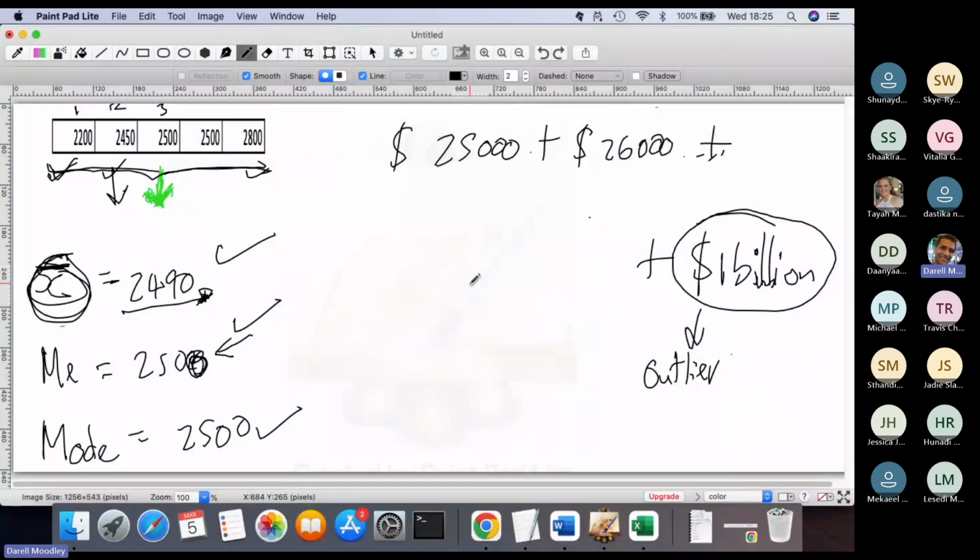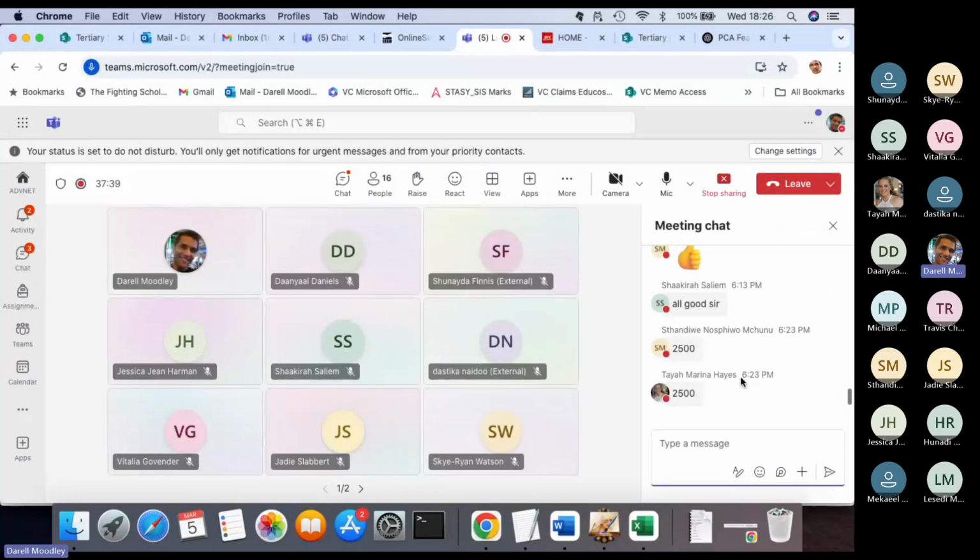It isn't going to be a true reflection of the typical American salary. So you don't really want that outlier to be in the data. Or if it is, you don't really want to use the average, because your average is going to get affected by that outlier. Does everyone understand that example? So outliers affect the average for the mean. Any questions? All good?